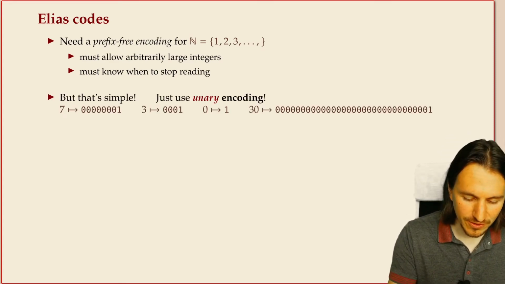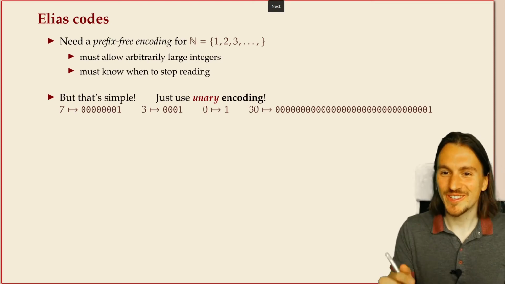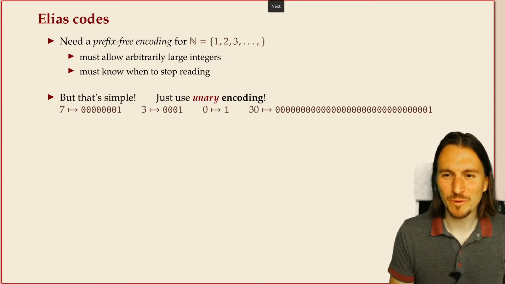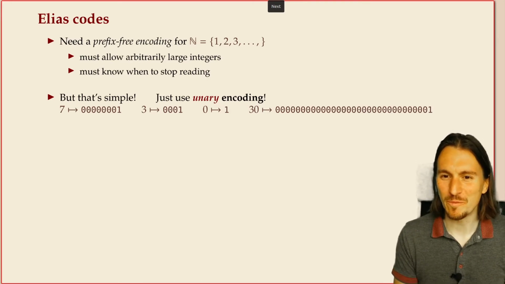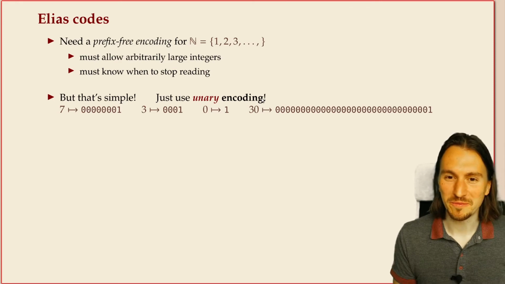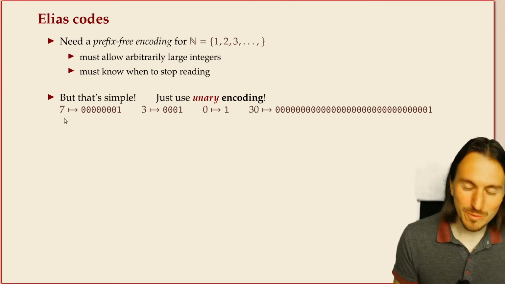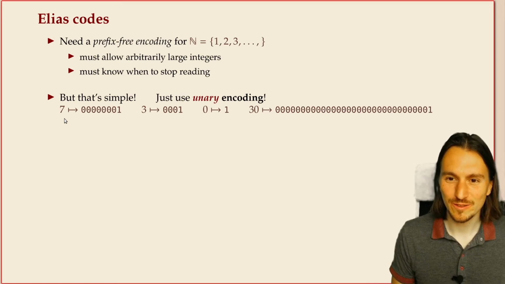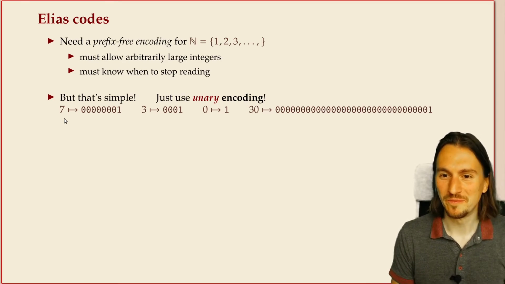So how could you do this? There's a very simple solution, which I'm sure, well, this is not what you would come up with, but it's actually very simple. You'd use the unary encoding, which means to specify a number, you write as many zeros as that number is, finished by a single 1.